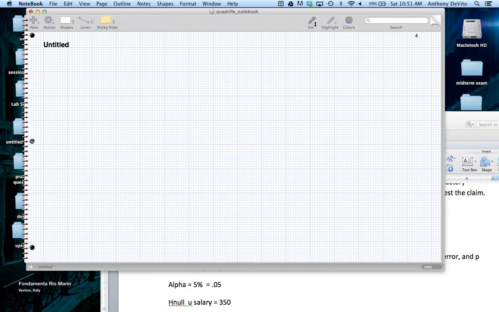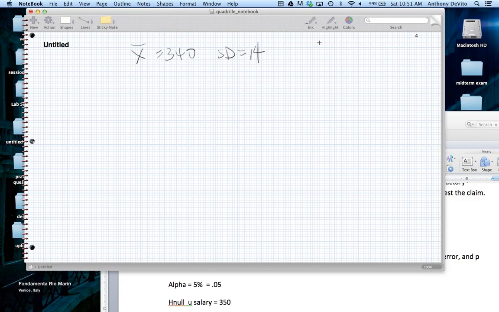Okay, so X bar is 340, that's our mean, and our standard deviation was, is it 14 or 13? 14, right? Everybody agree with that?